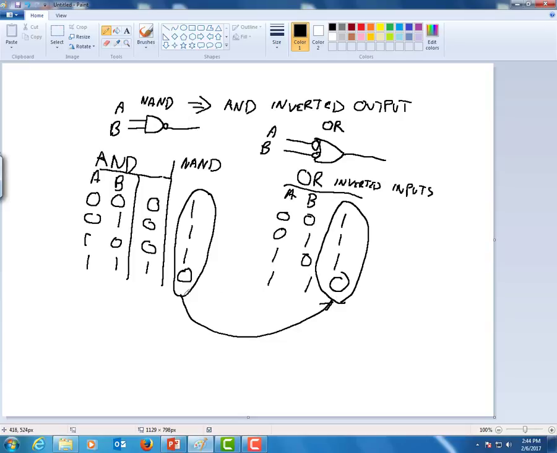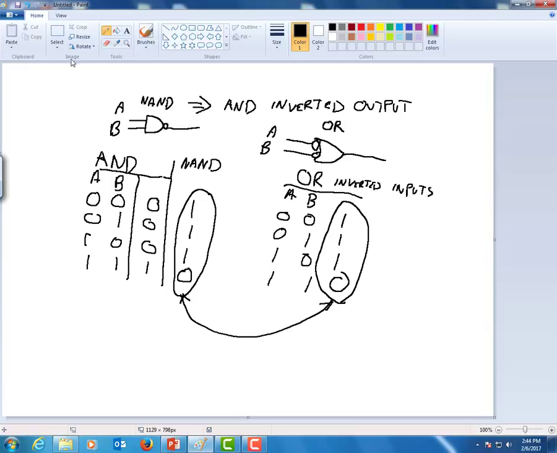Put a little arrow there. So basically what happened is when you change the gate, making an AND gate into an OR gate, or an OR gate into an AND gate, and you invert the inputs and invert the outputs from what they were, you get the same logic. That's DeMorgan's theorem, okay?